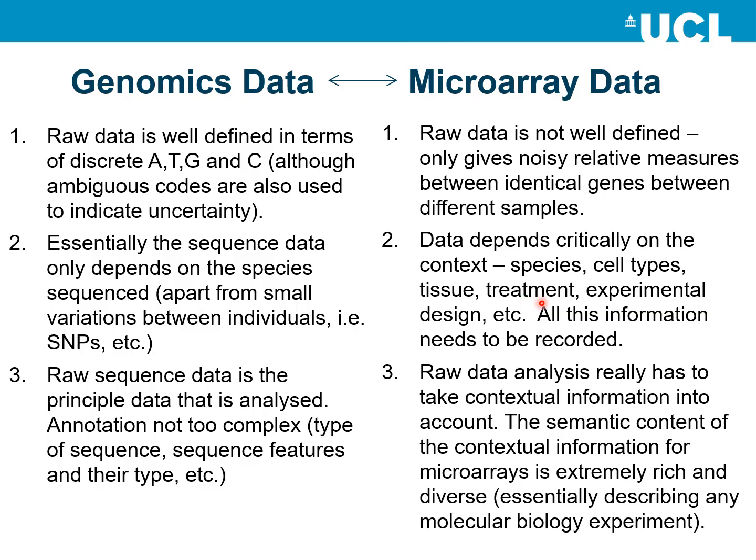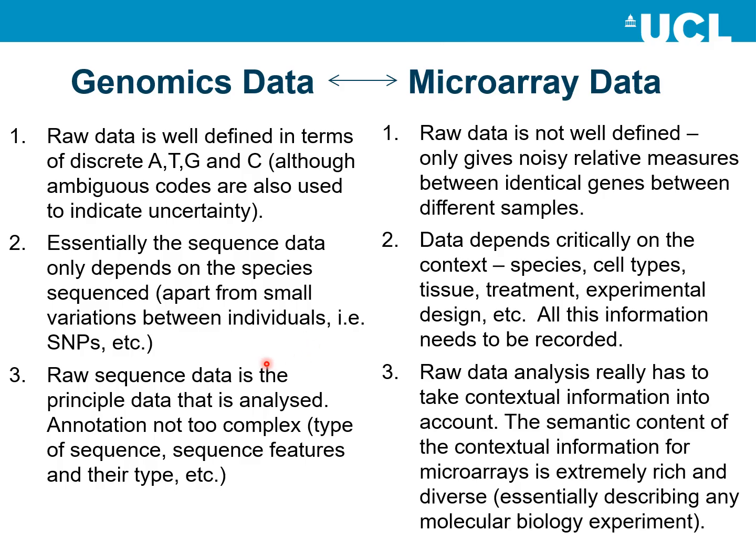The treatments which were applied, how it was extracted, the experimental design. Essentially, all of this contextual information needs to be recorded for high throughput omics data so that we can do sensible experiments with the omics data, a sensible data analysis. So that can be difficult.